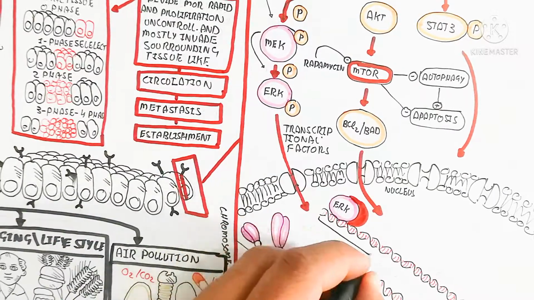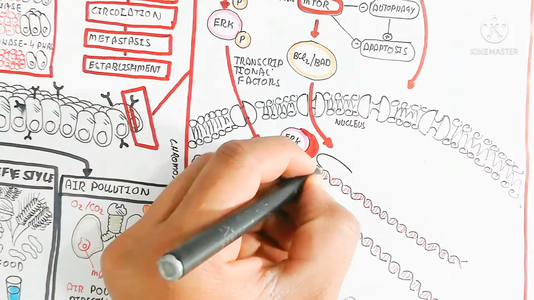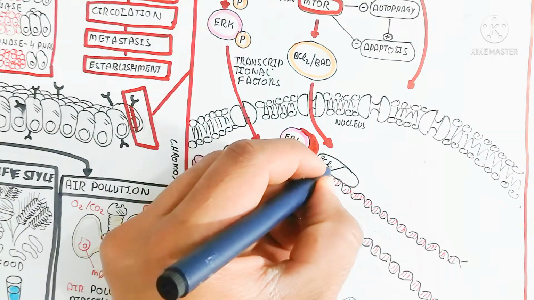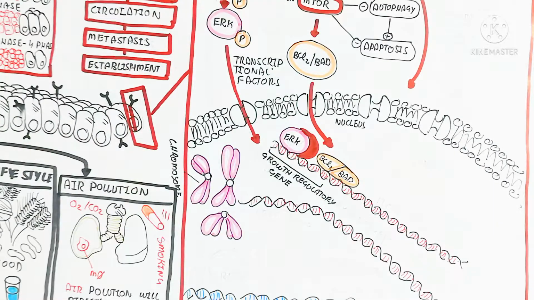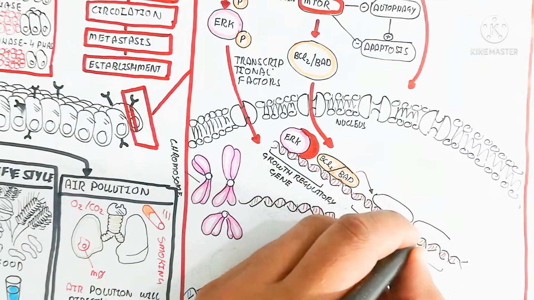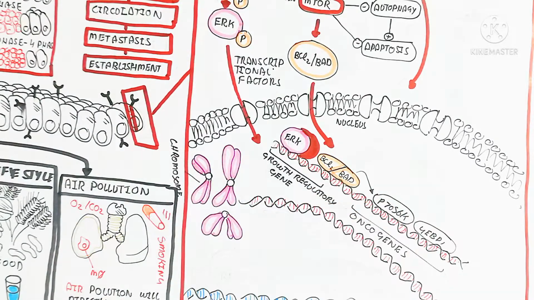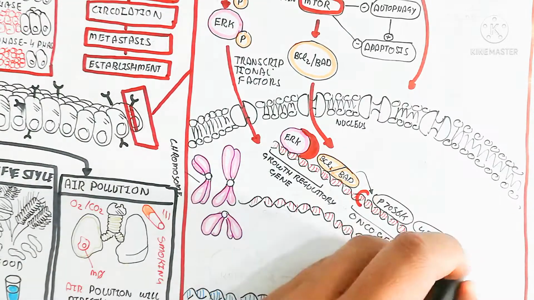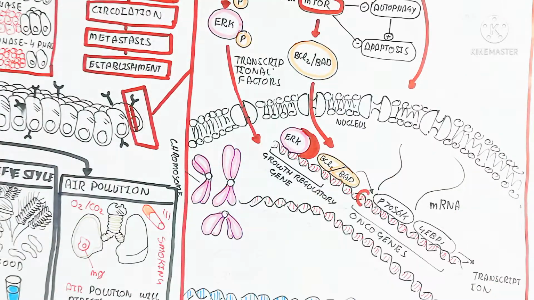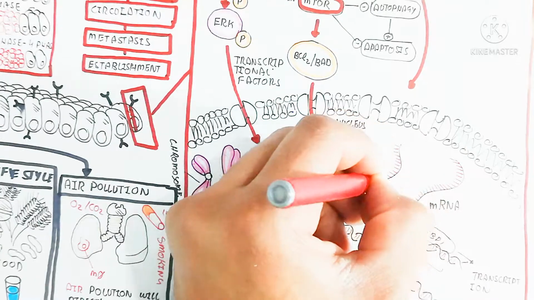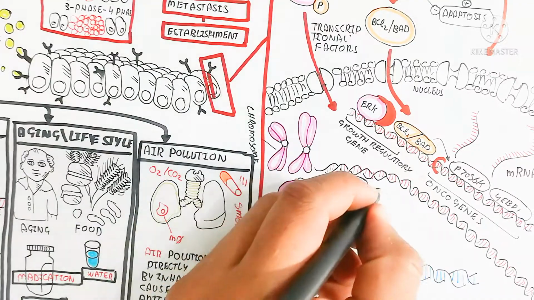So the BCL2 and BAD will be stimulated by the transcriptional factor, and ERK will bind with the transcriptional factor to stimulate growth regulatory genes, leading to proliferation and growth of the cell, and BCL2 and BAD will lead to binding of the polymerase enzyme to the P70S6K gene and the 4EBP1 protein, which leads to transcription, and in this way transcription leads to proliferation of the cell.